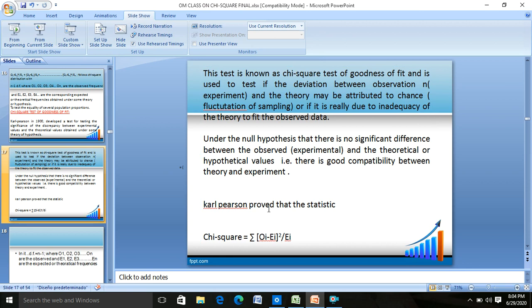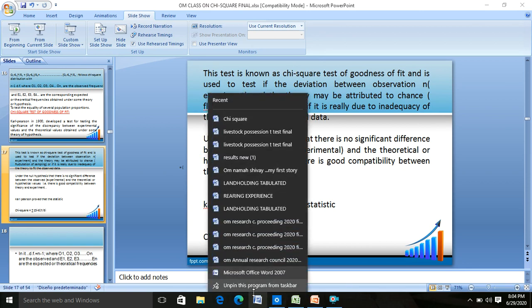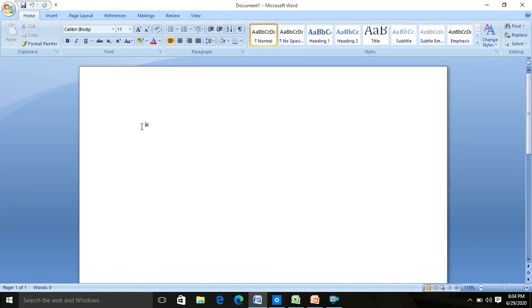So if I take this null hypothesis, denoted by H naught, the null hypothesis is the hypothesis of equality, which says there is no significant difference between the observed and the expected, in case of chi-square.